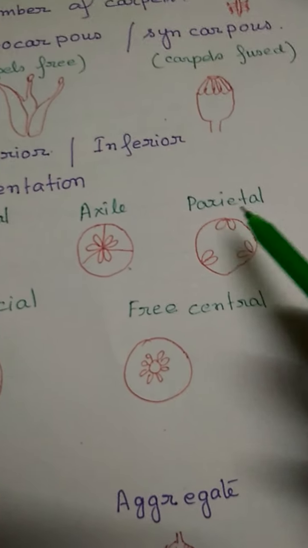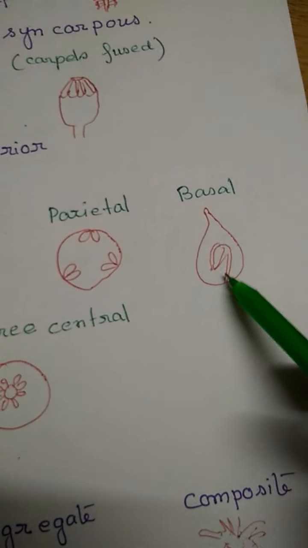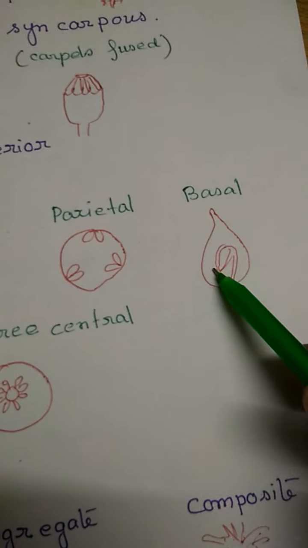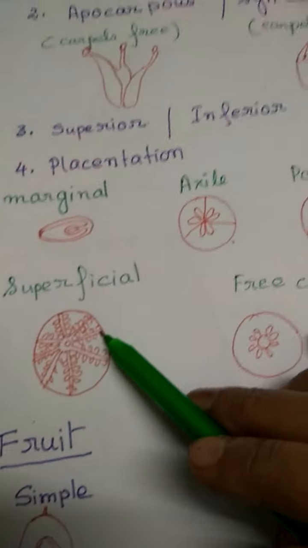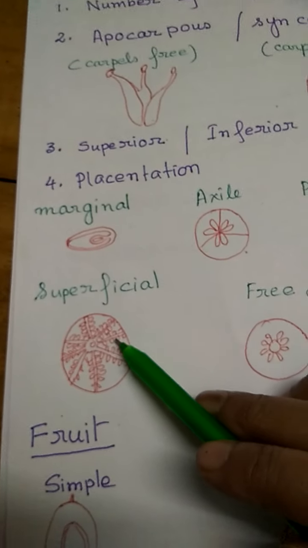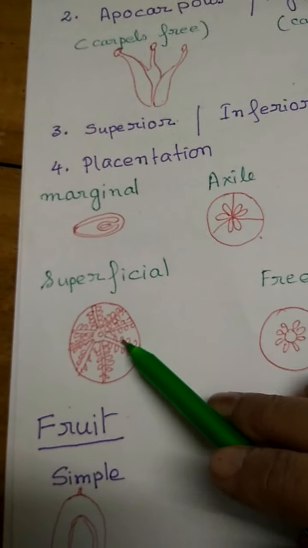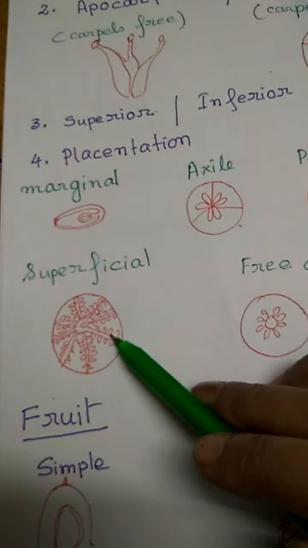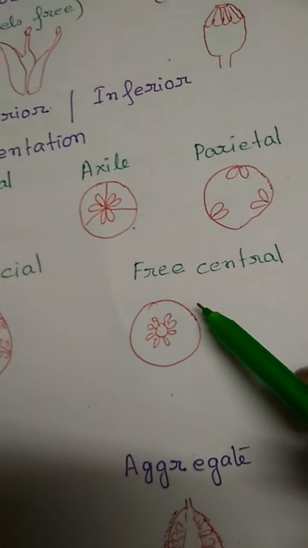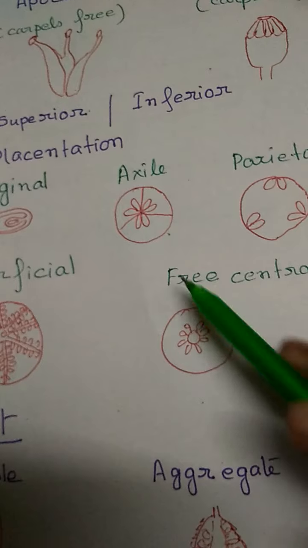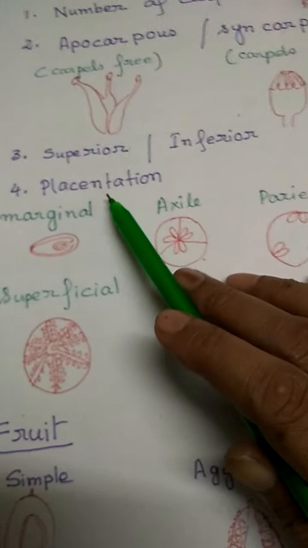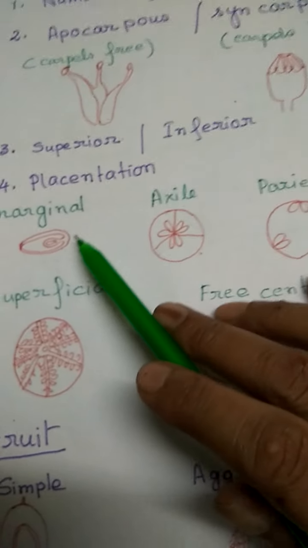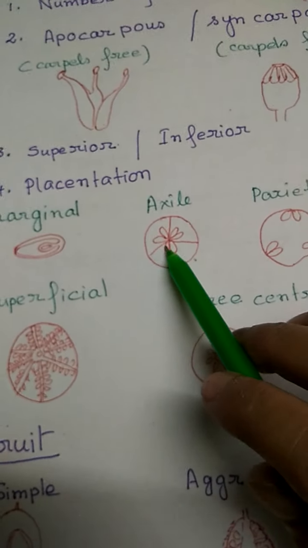Then basal, the ovule is attached with the base of the ovary. Next one is superficial, meaning a number of ovules are present all over, so it is superficial. Free central means in the center, but they are free. So see the difference. These are the placentations. You have to cut the section of the ovary and describe the position of the ovules.